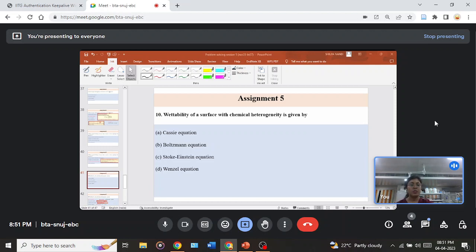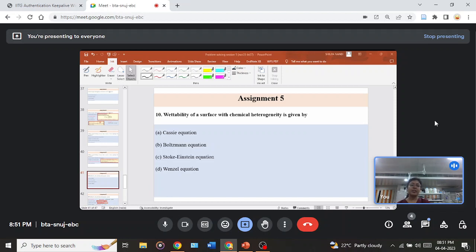So you are able to understand the question properly. This question is asking: the wettability of a surface with chemical heterogeneity is given by which particular equation? How can you analyze the wettability of a surface in regards to chemical heterogeneity?